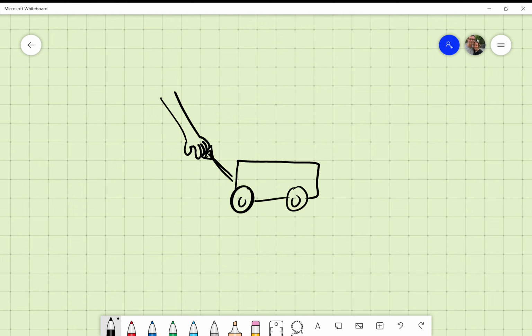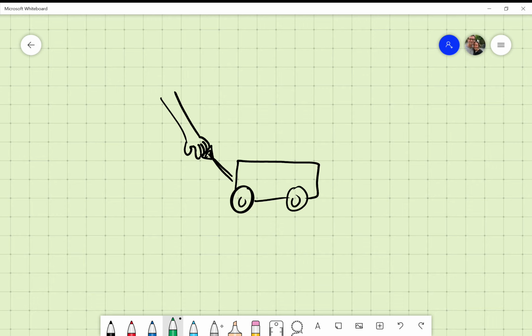You're pulling on a cart, and unlike the wind or the gravity force, the weight force that I showed already, the weight force was straight vertical, the wind force was straight horizontal, but most forces are not. And so you can show them something like this.